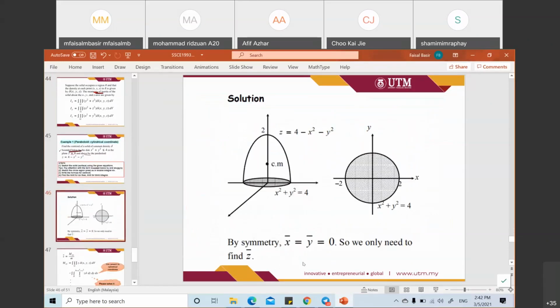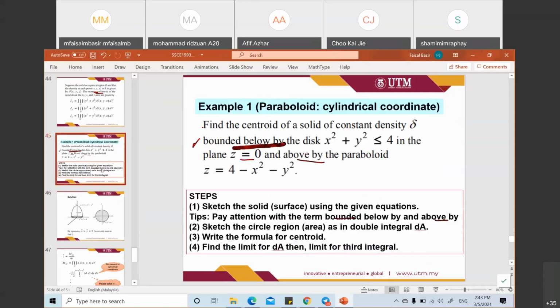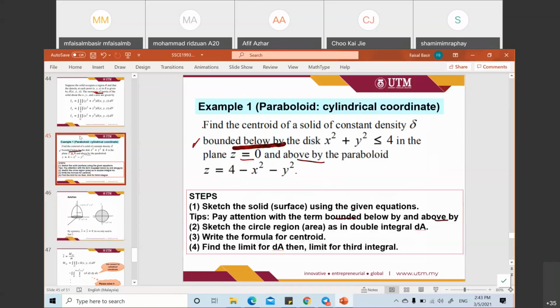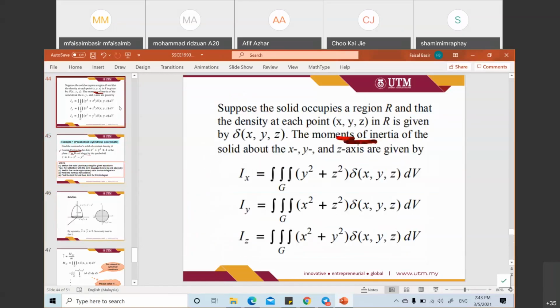Okay, so this is your sketching part. This is z equals 4 minus x squared minus y squared. I assume that you already know this, and the bottom part will be this. So by symmetry, x bar equals y bar equals 0. We only need to find z bar. Because of the symmetry, left and right are the same, so the circles are the same. So you don't need to find x bar and y bar.